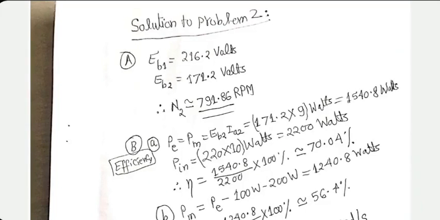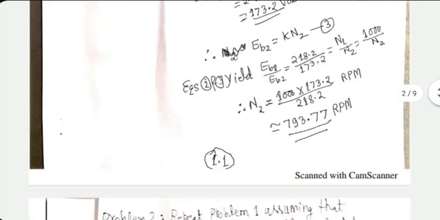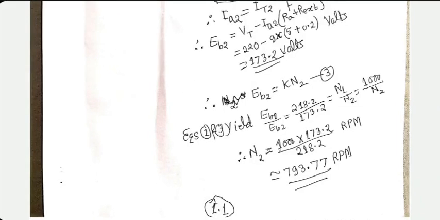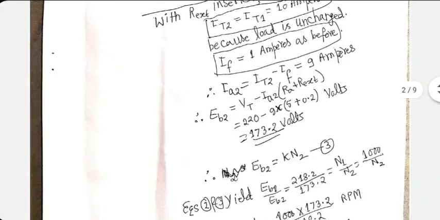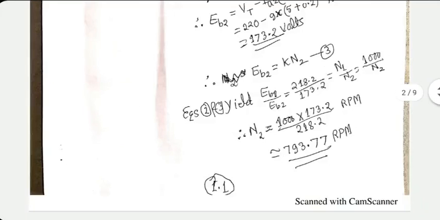So you can repeat the calculation with these new values of EB1 and EB2. And using this equation, EB2 equal to KN2 and EB1 equal to KN1, K cancels out, you get the new value of N2.